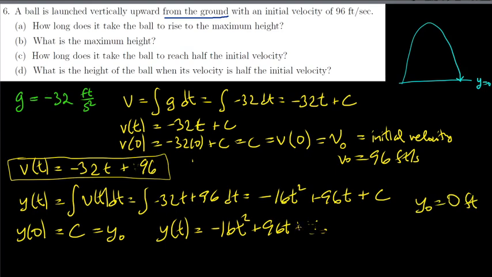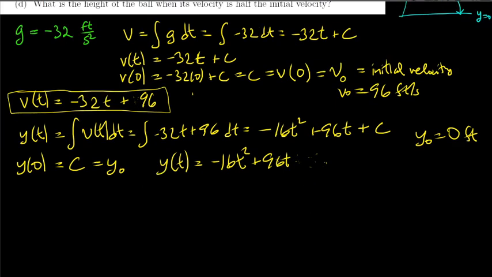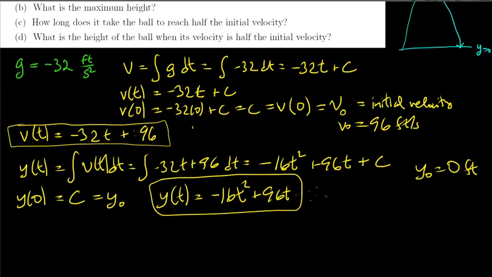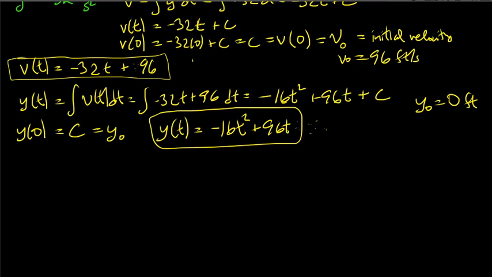We're just adding 0. So now we have both the velocity and the height as a function of time. And the rest is really just plugging in numbers or solving equations. So I think you can handle that, or at least I hope at this point it's easy.